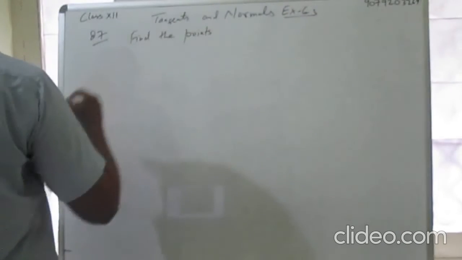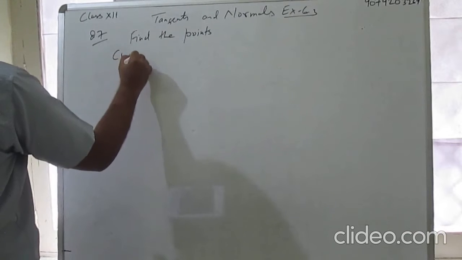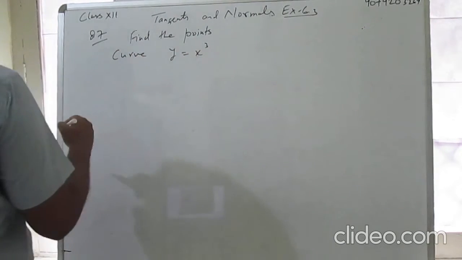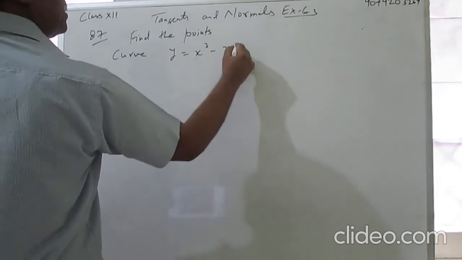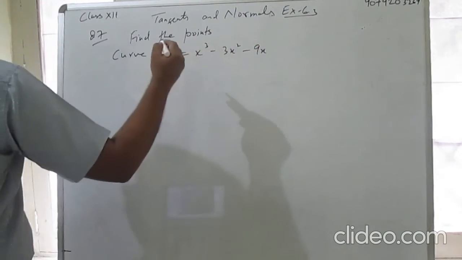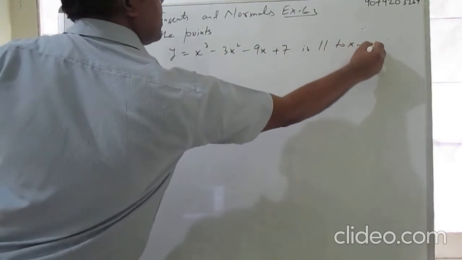Question 7. Find the points at which the tangent to the curve y is equal to x cube minus 3x square minus 9x plus 7 is parallel to x-axis.